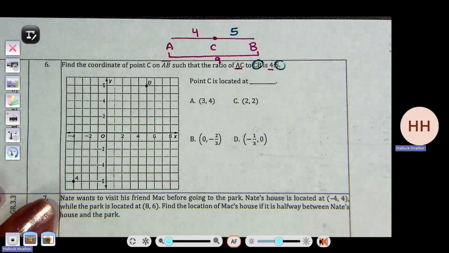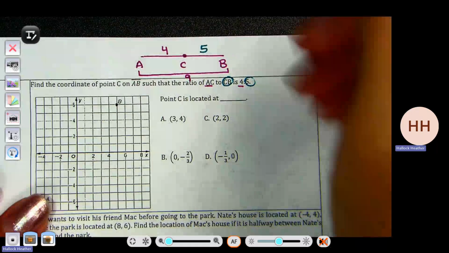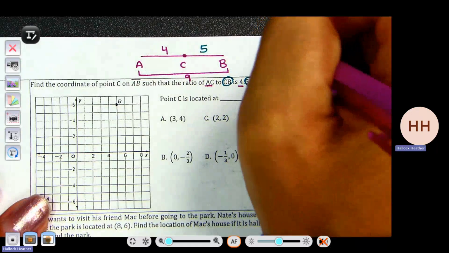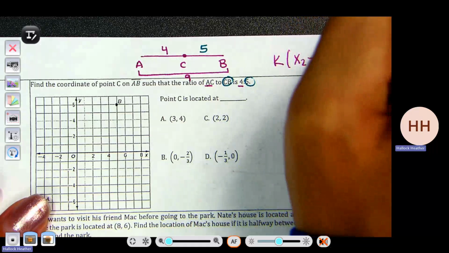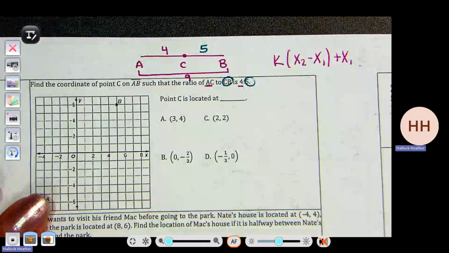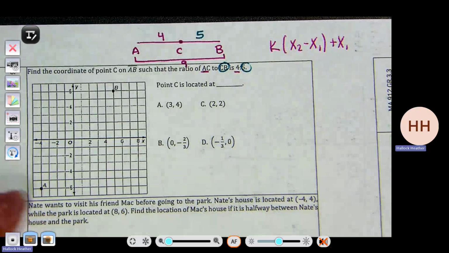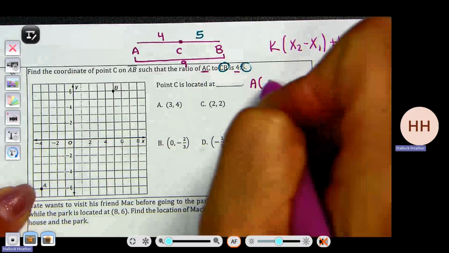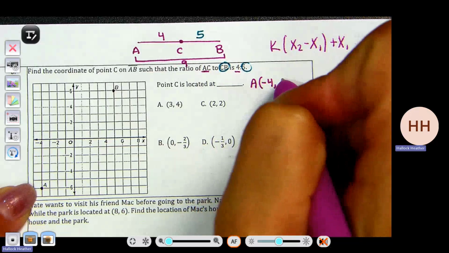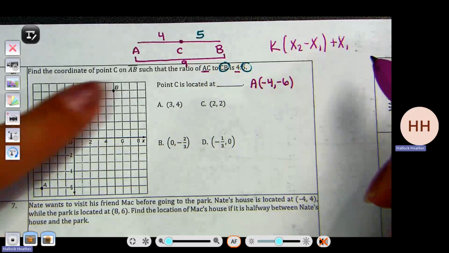So our K is going to be 4/9. Our formula technically is K multiplied by x2 minus x1, and we add where we started. Looking at my graph, I'm going to write out A. A is at (-4, -6). B is where I'm going.